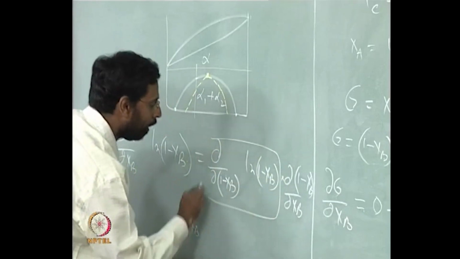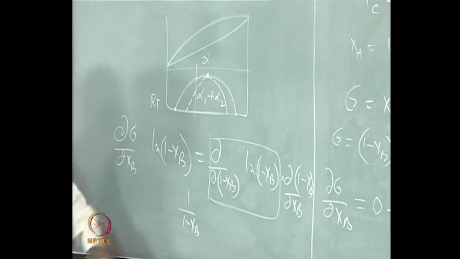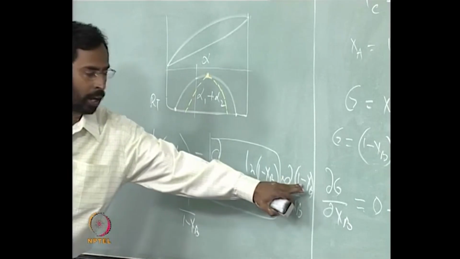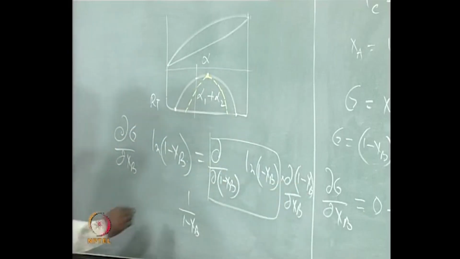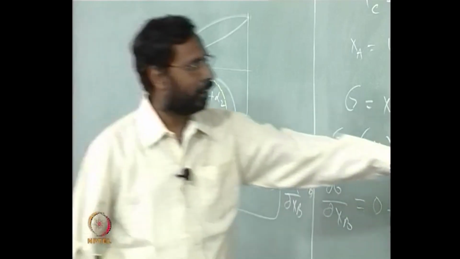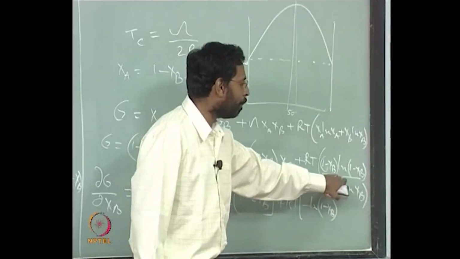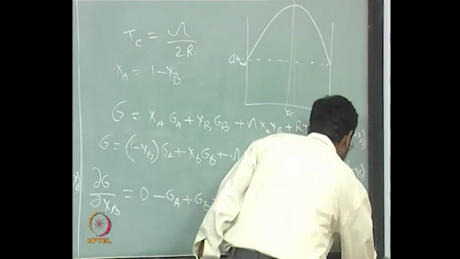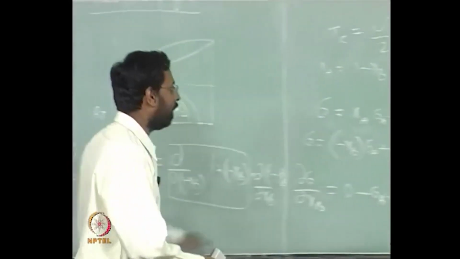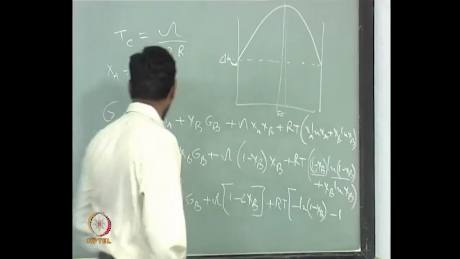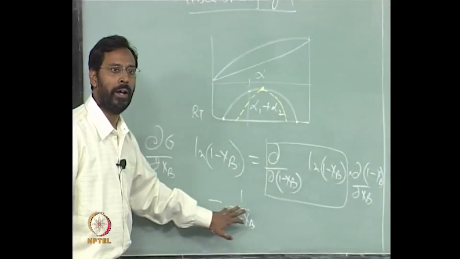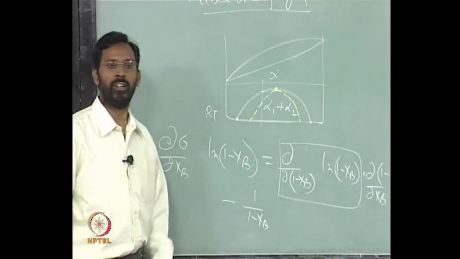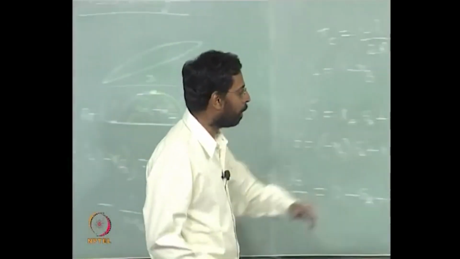The derivative of ln of anything is 1 by that thing, so the derivative of this is minus 1 by 1 minus x b. I am basically keeping this constant, so that would become actually minus 1, because this 1 minus x b is multiplied by minus 1 by 1 minus x b. So it gets cancelled, and you get minus 1 there.